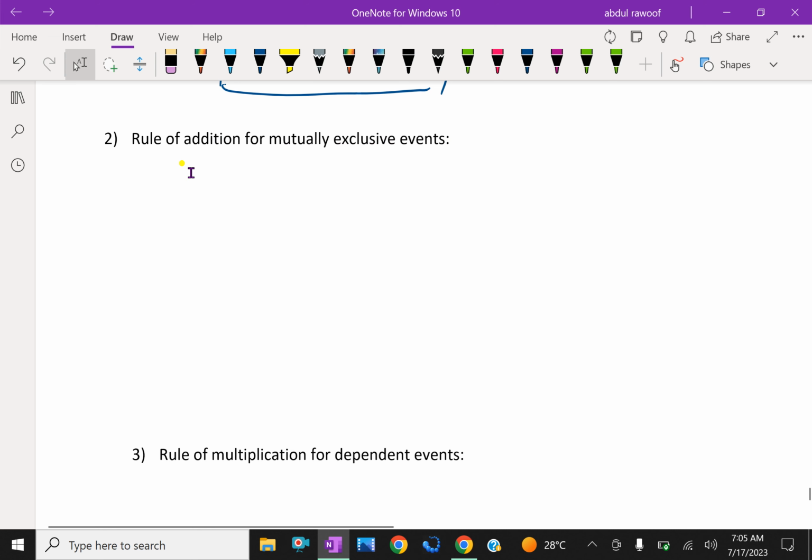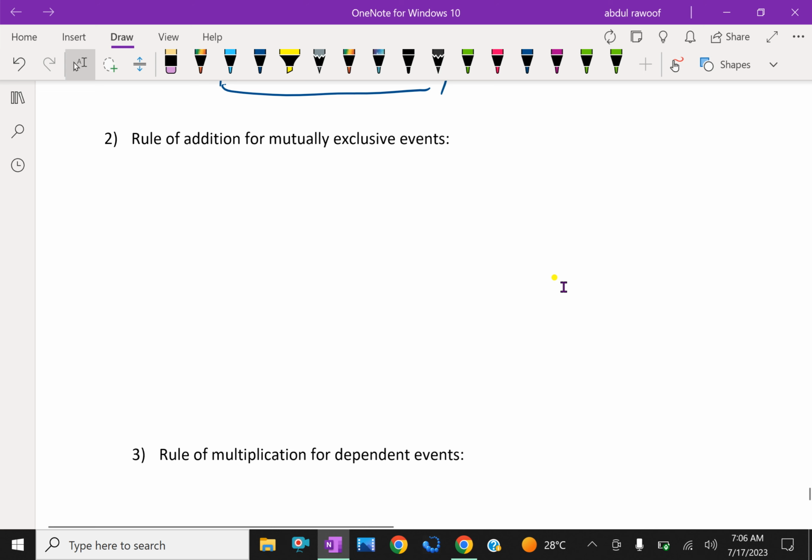Next, the rule of addition for mutually exclusive events. Here, two events A and B are mutually exclusive if the occurrence of A precludes the occurrence of B, and vice versa. That is, one does not affect the other.